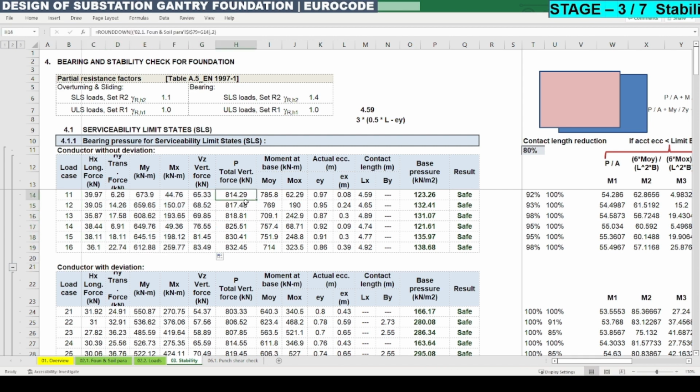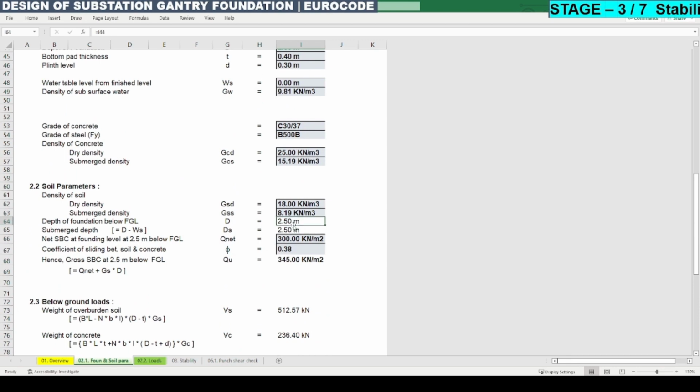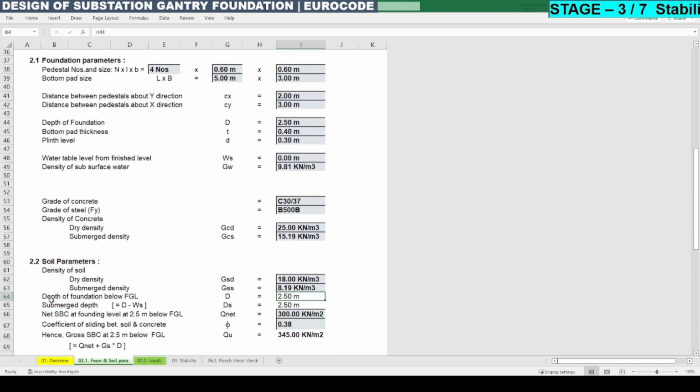So next, coming to the vertical load, this vertical load includes the weight of the foundation and the weight of the subsoil along with the structure loads. So what weight do we need to consider? We know that our entire foundation is subject to the submerged condition also. The depth of foundation below FGL we considered here, but the submerged depth we discussed in stage 2 is 2.5 meter.